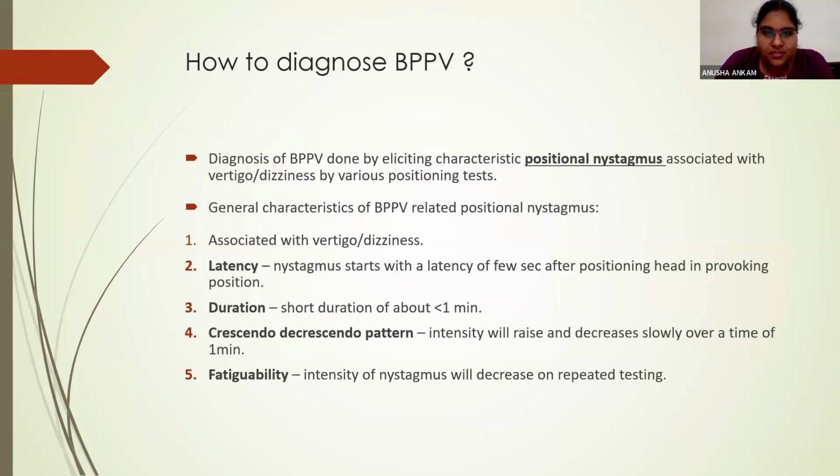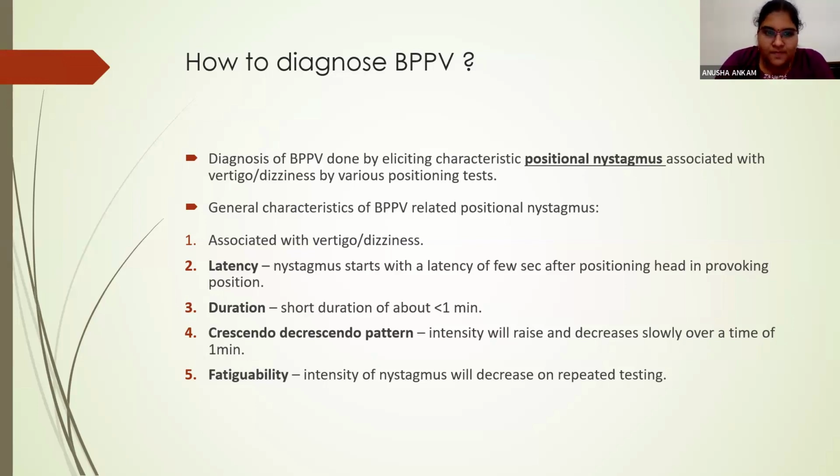So the diagnosis of BPPV mainly depends on eliciting positional nystagmus by various positioning tests. So general characteristics of the BPPV related positional nystagmus are listed here. This positional nystagmus, which is elicited on positioning test, should be associated with symptomatic dizziness or vertigo. And there should be some latency. That means nystagmus should start a few seconds after positioning the head in the provoking position. Sometimes that latency will be very short in cupulolithiasis conditions.